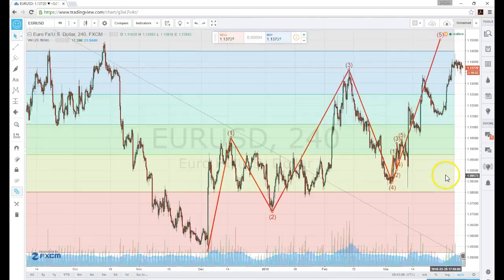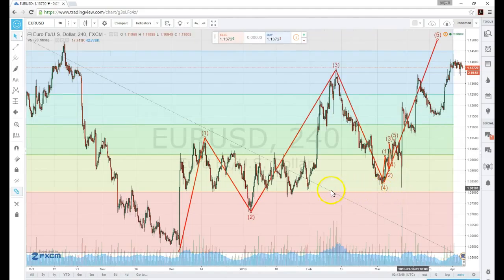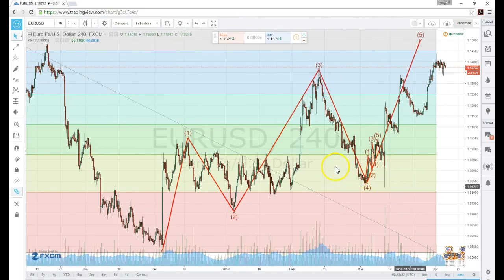I'm going to use this right here as the guidelines. So here's X to wave 1. Notice from wave 2 though, it went sideways, right? It just trended sideways.